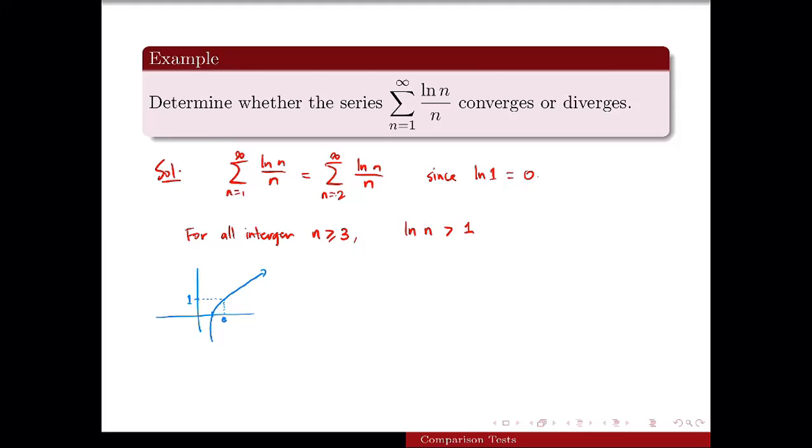The graph is not really that accurate, but you can start with 3. At 3, the value of ln is greater than 1.